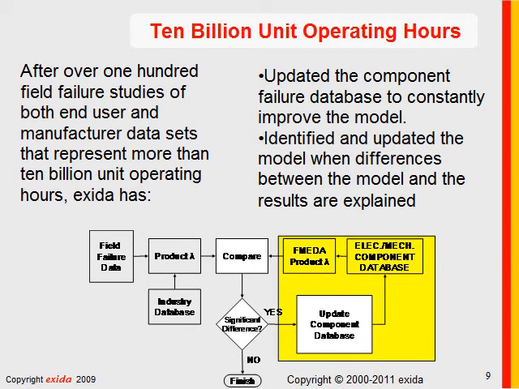So at exida, we have been gathering up field failure data for 12 years now. And we've done over 100 field failure studies, representing over 10 billion unit operating hours. And every time we do a field failure study, we do just what the paper from the 1980s said to do: compare results.